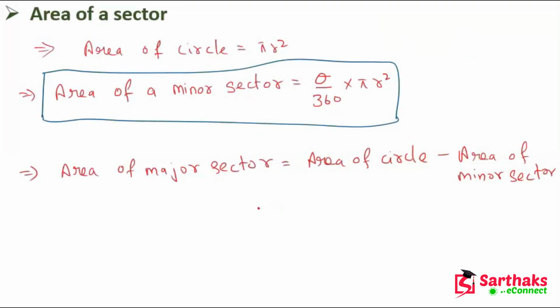So the area of the circle is pi r square, minus the area of the minor sector, theta upon 360 degree into pi r square. So this is the area of the major sector.